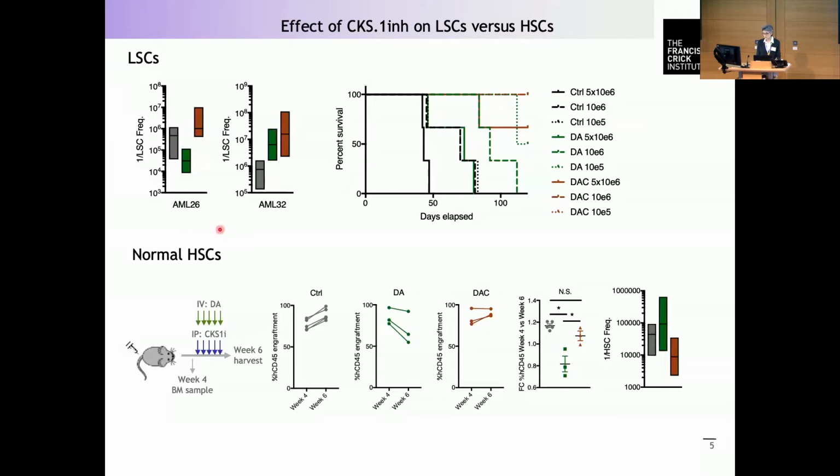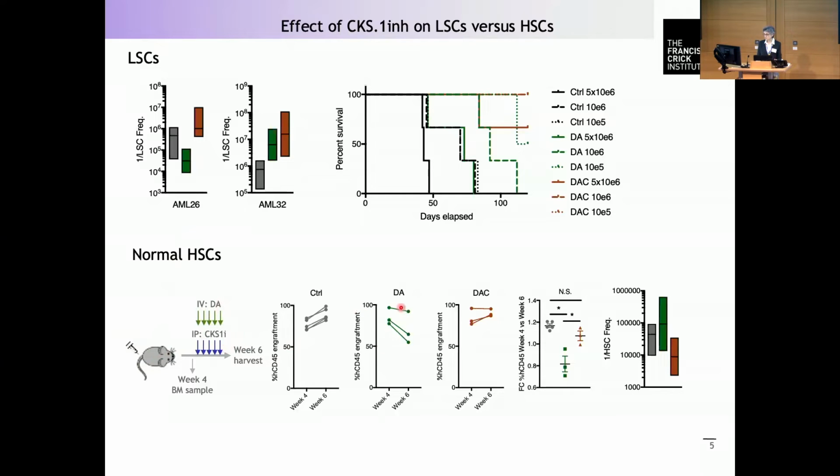At the same time, as we are always interested in looking at the effect of drugs on normal hematopoietic stem cell development, he did exactly the same analysis by injecting, this time, normal hematopoietic stem cells and treating the mice with the same drugs, doxorubicin, AraC, and CKS1 inhibitor.